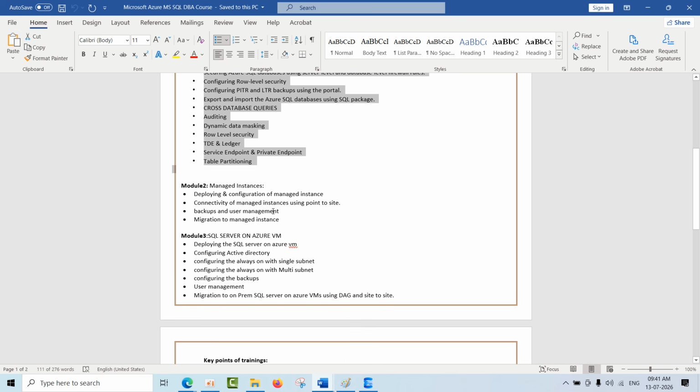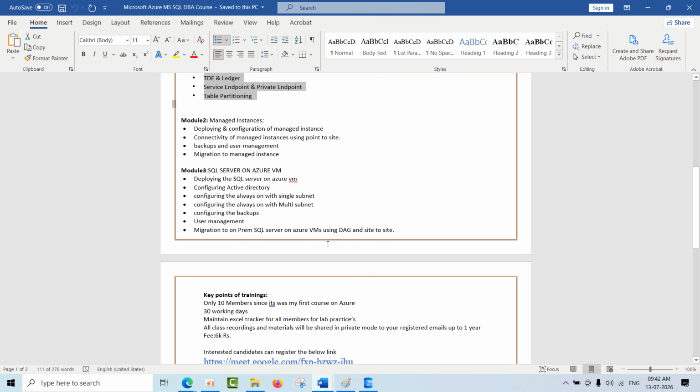In module 2, we are going to see managed instance, how we need to deploy it, how we need to connect using public and private, how backup works in Azure managed instance, and how we can migrate to managed instance.